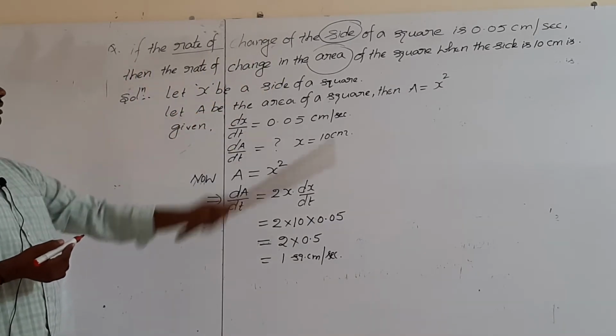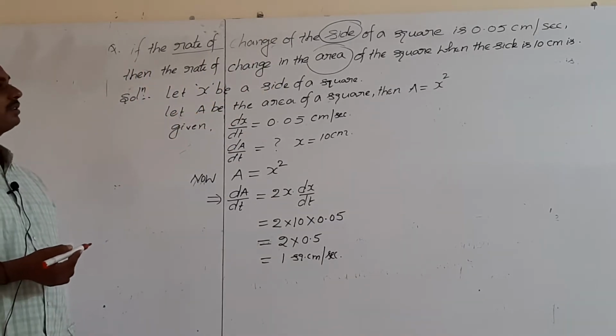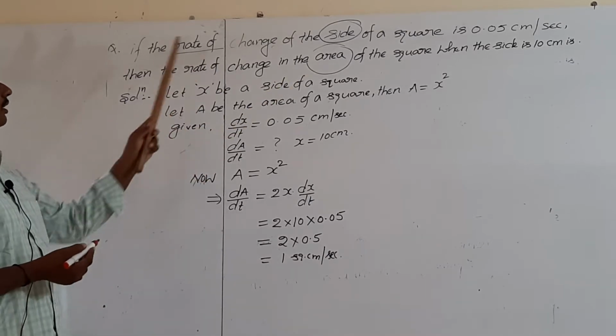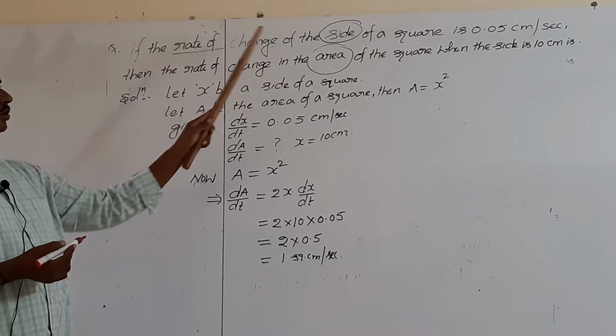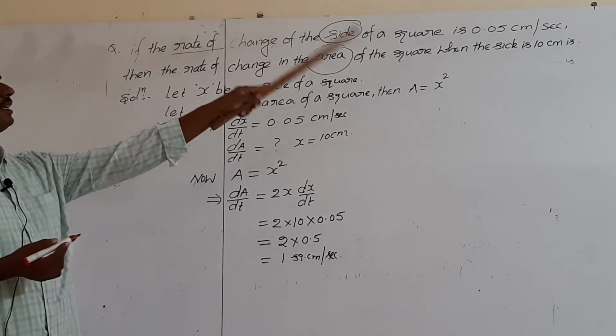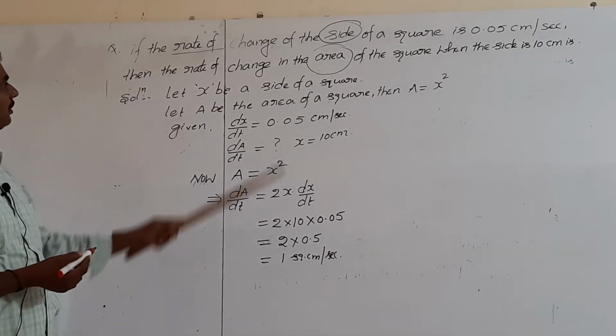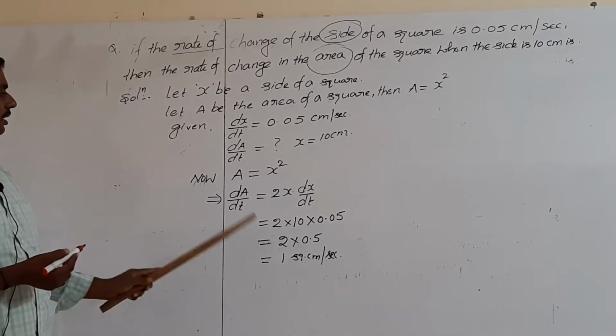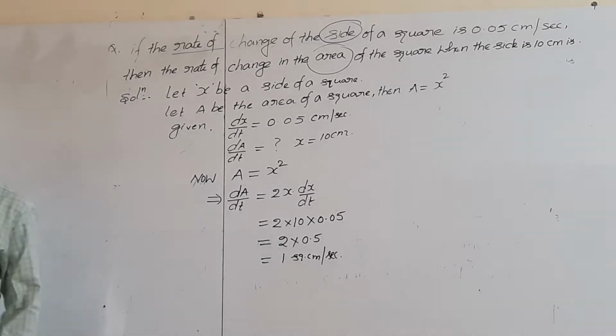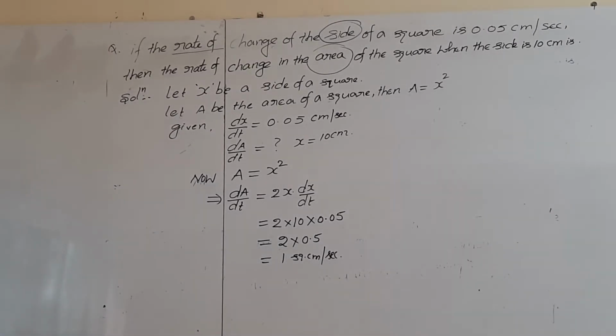If the rate of change of the side of a square, quantity q1, is given, the rate of change in area, q2, is to be found at an instant when the side is 10 centimeters. According to this, find the data step by step and solve the question. Similarly, we solve any number of questions like this.